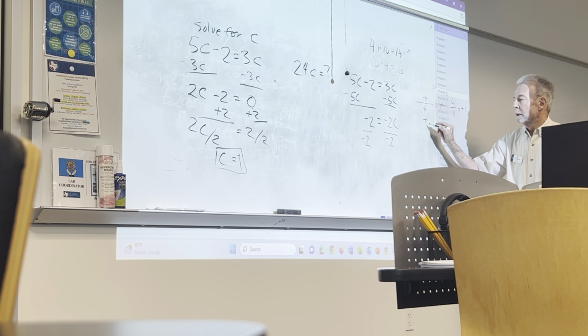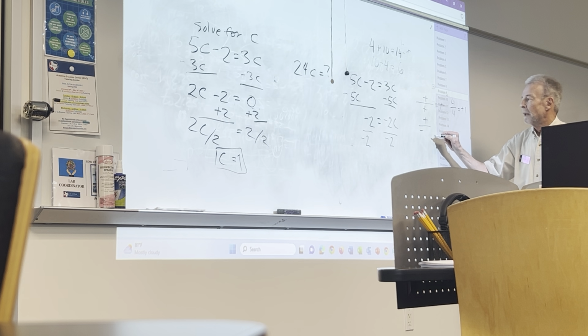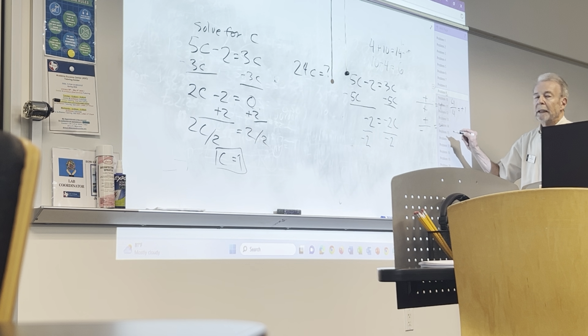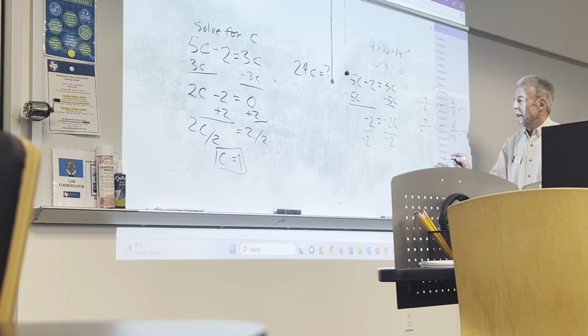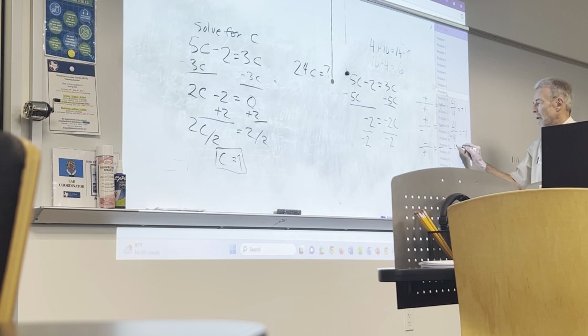If I have a positive divided by a negative, that's going to be equal to a negative. 4 divided by negative 4 is equal to a negative 1. And if I have a negative divided by a positive, that's going to also be a negative. Negative 4 divided by 4 is equal to negative 1.